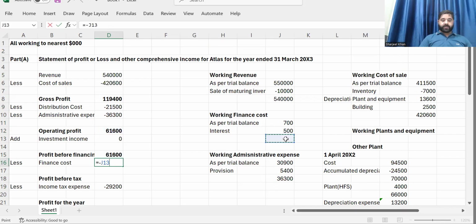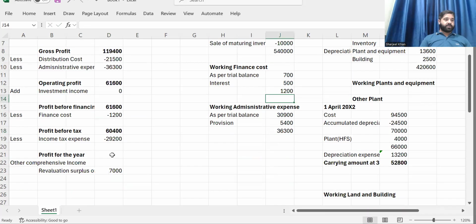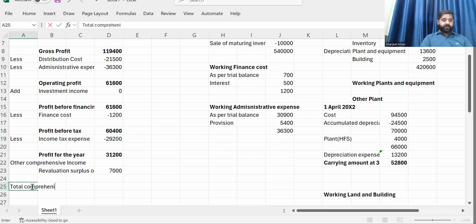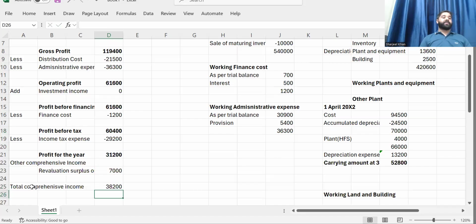The finance cost, right? Now the profit for the year is 31,200, and now total comprehensive income will be profit plus revaluation gain, 38,200.